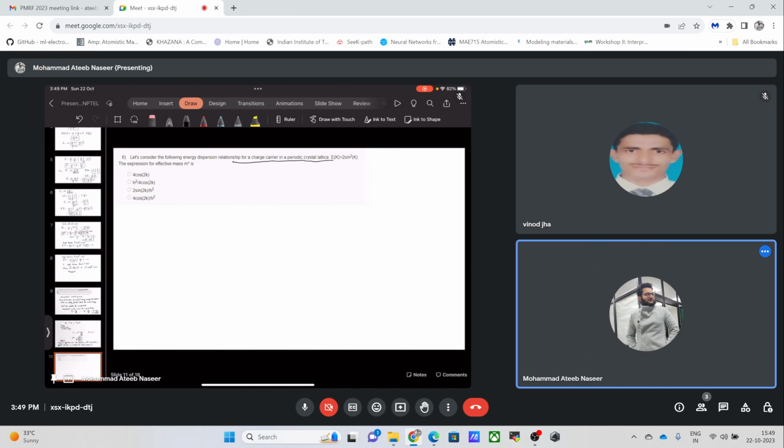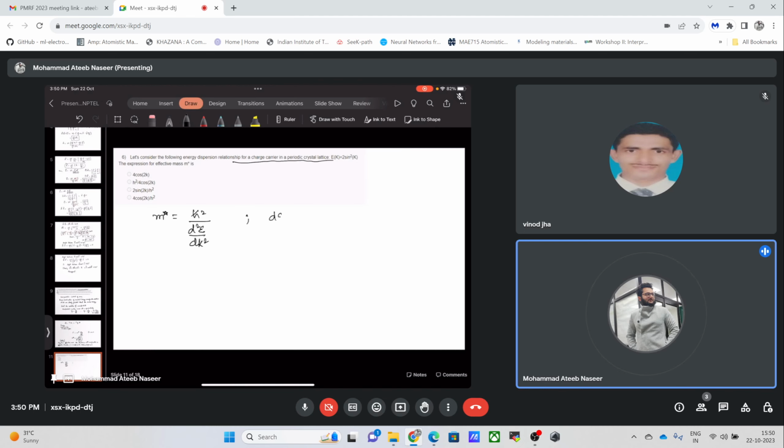Okay, so we know that effective mass is simply h bar square over d square E by dk square, the second derivative of this energy dispersion relation. From this, we know the E-k relation is this.